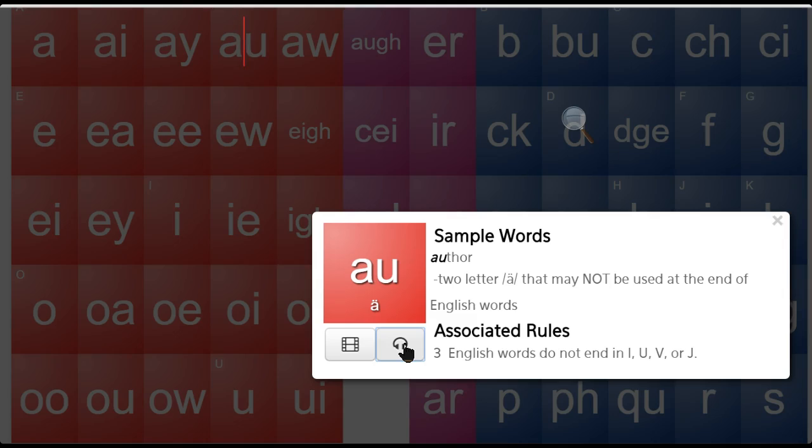Ah, two-letter ah that may not be used at the end of English words, because English words do not end in U. That is one of the sounds of A. Here the sample word is author. You can see it's at the beginning of the word. It's not at the end of the syllable.